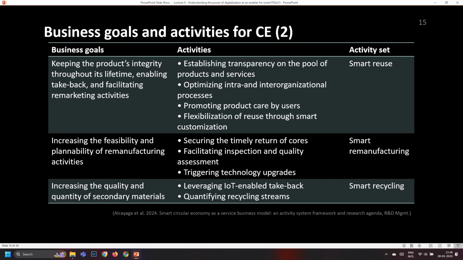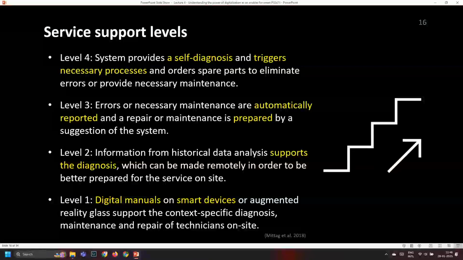Looking into practicality, typically each company is limited in its resources, and of course the goal must be set at a certain level.